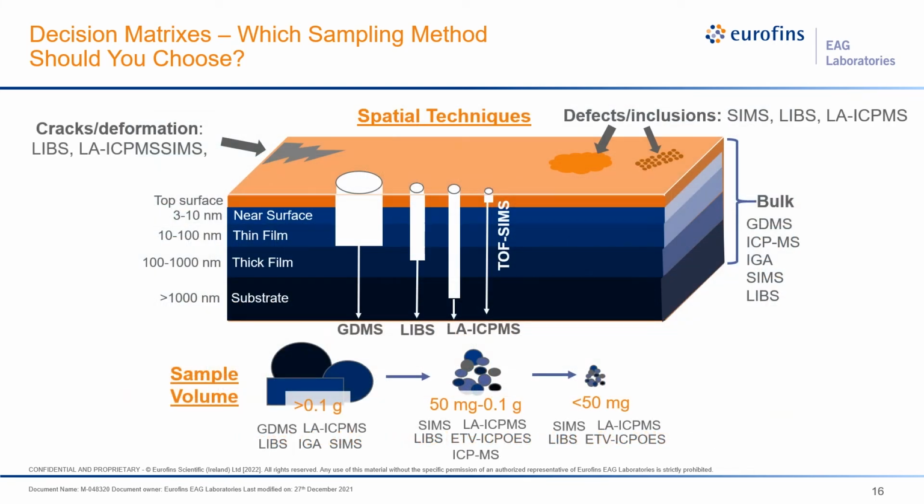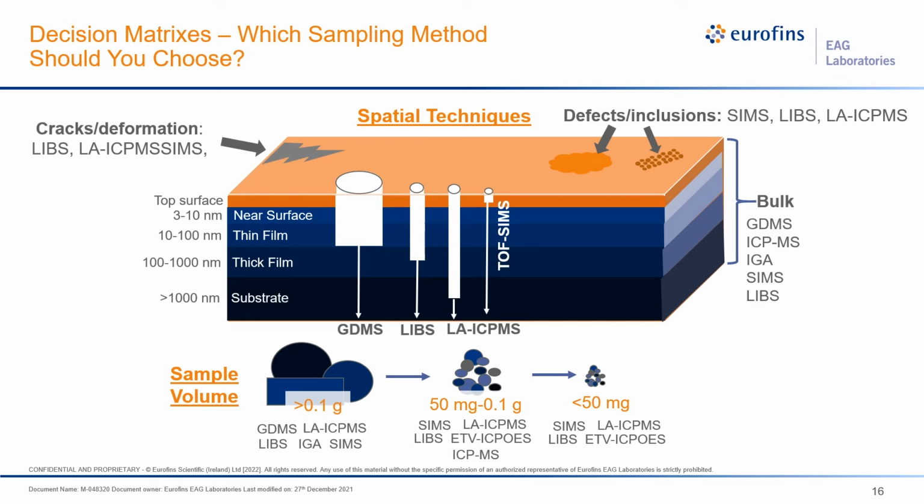As a more visual guide to the sampling capabilities of these techniques, here is a cross-section of a hypothetical sample with films and coatings showing the spot sizes and depth profiling ranges of GDMS, LIBS, laser ablation ICP-MS, and SIMS, as well as the techniques capable of investigating compositional variability on the surface and near surface of a sample.